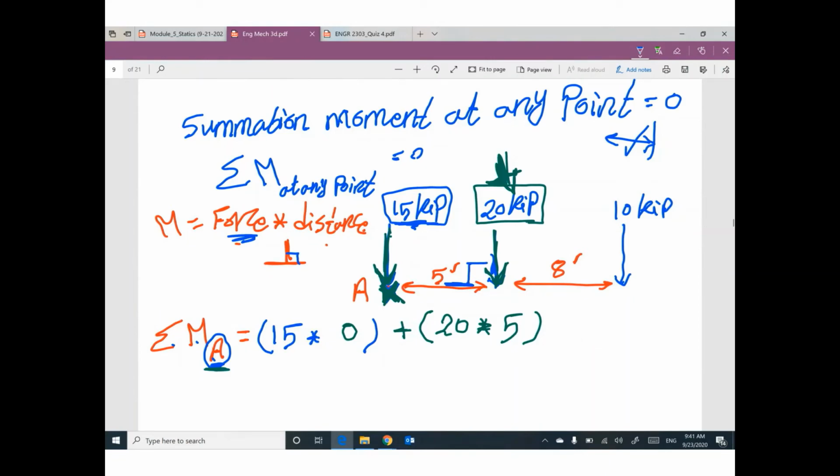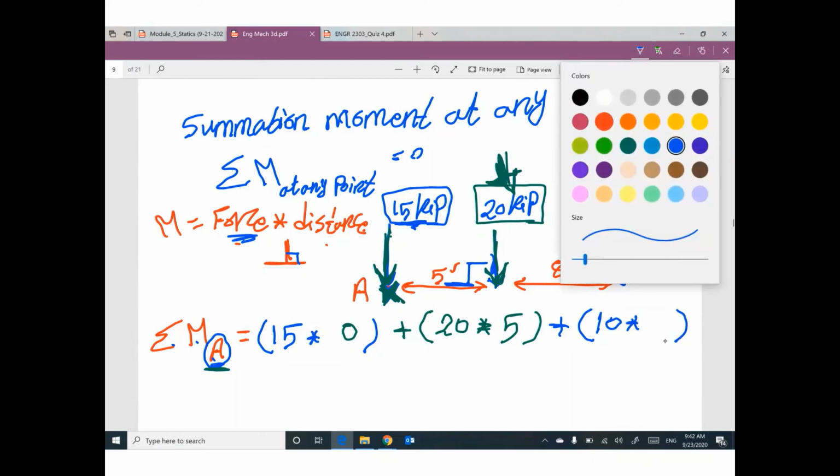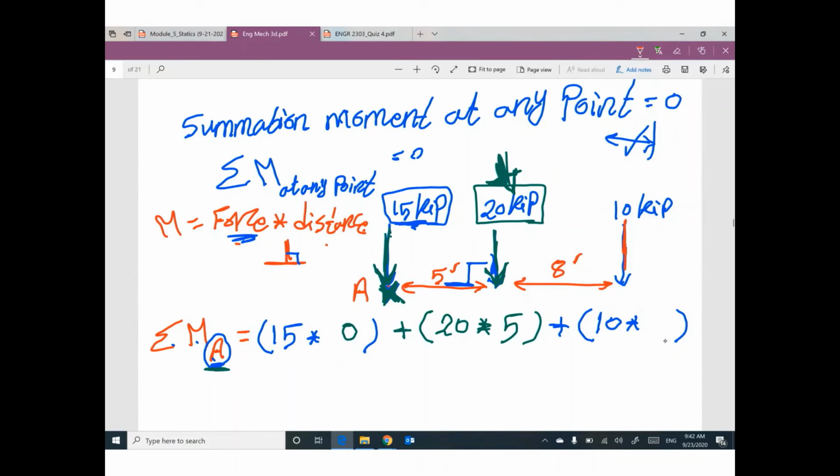Keep going. The next force is 10 kip. The question is, what is the distance between this force, which is 10, and this point, which is A?